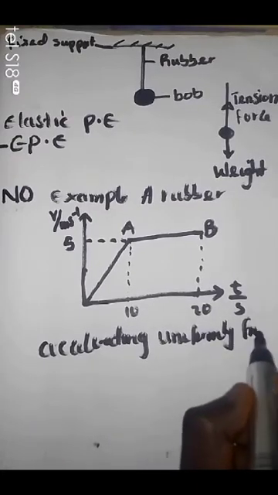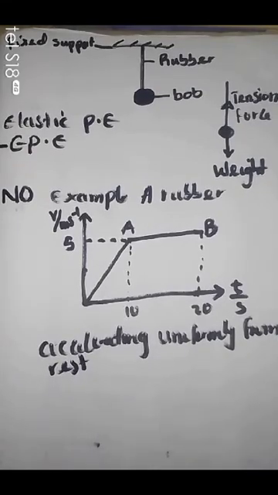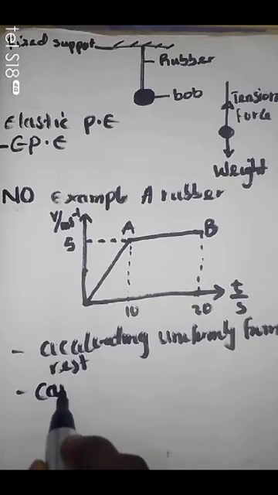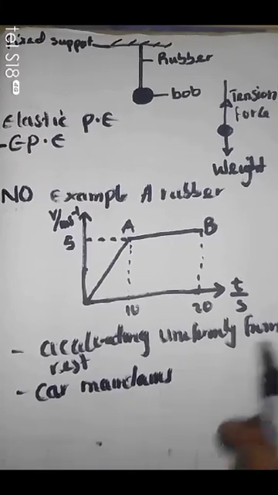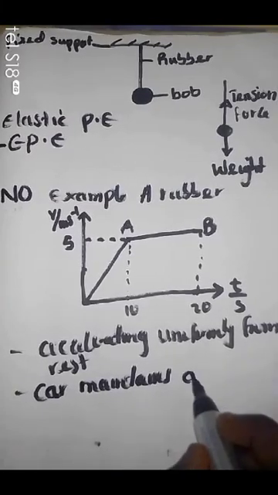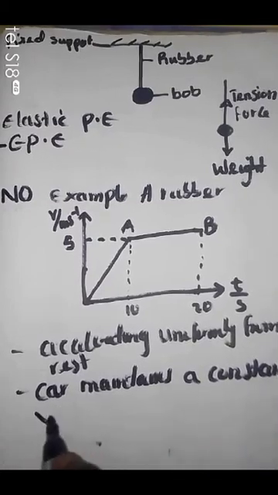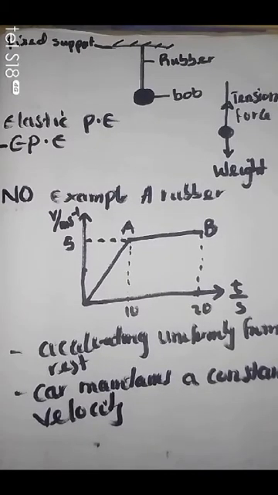Then from the section AB, the car maintains a constant velocity. Yes, so those are the things which you can see.